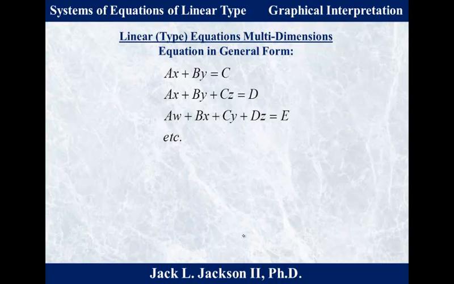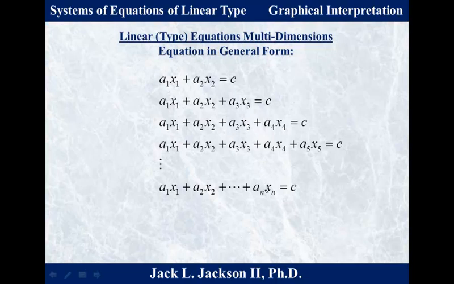Sometimes we'll take these same things and rewrite them a different way. We'll call the coefficients by some letter, say a, and then they have subscripts. And your variables, instead of calling them x, y, and z, we'll call them x1, x2, and x3.